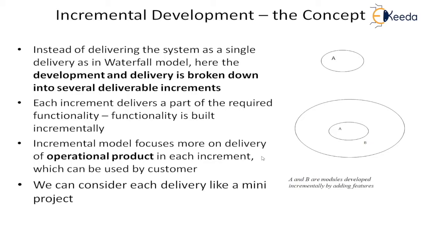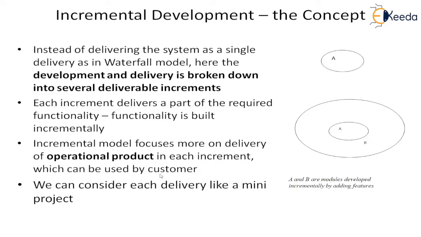The incremental model focuses more on the delivery of an operational product in each increment. When we say operational product, what we mean is that the user can actually use the functionality of the delivered increment in his business. So usability is the major focus here.